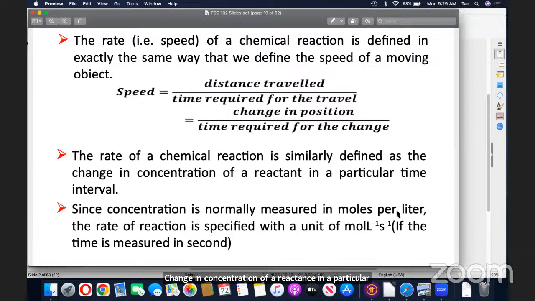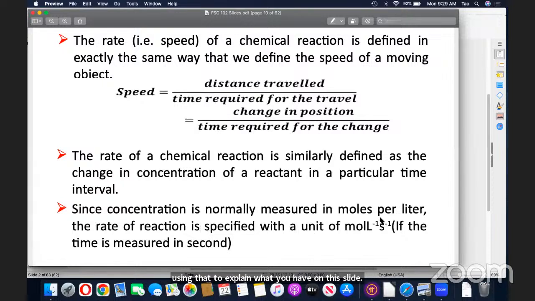At the end of 5 minutes, now you have 15 mole per dm cube. You have a change of 5 mole per dm cube in 5 minutes. Now you know that the rate of reaction is going to be 5 divided by 5, which is 1 mole per dm cube per minute. But we're still going to look at examples anyway. I'm just using that to explain what you have on the slide.